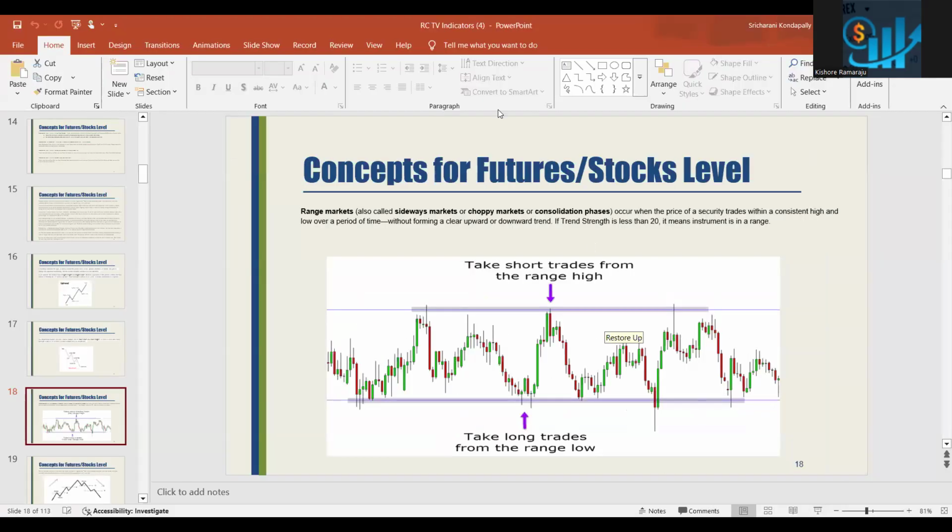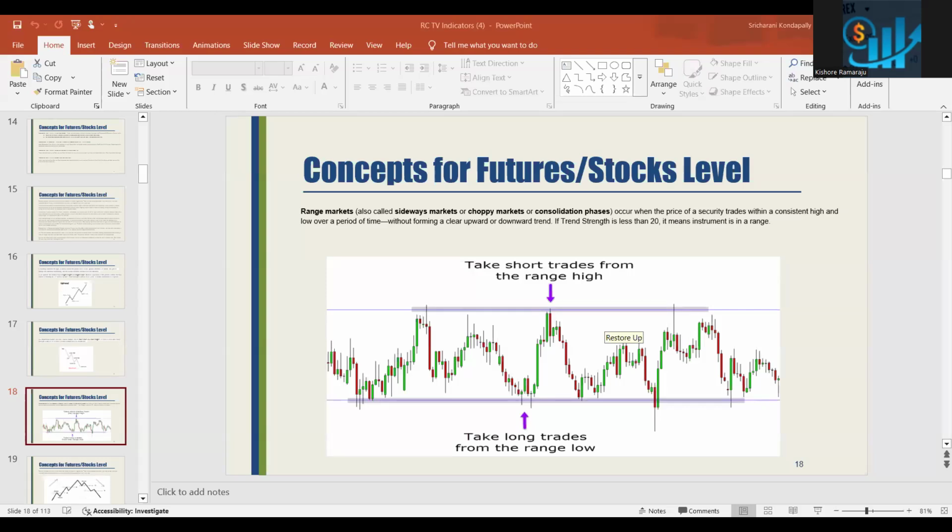Not every ticker, not every day, there will be a range. Based on different factors, we do the scoring.